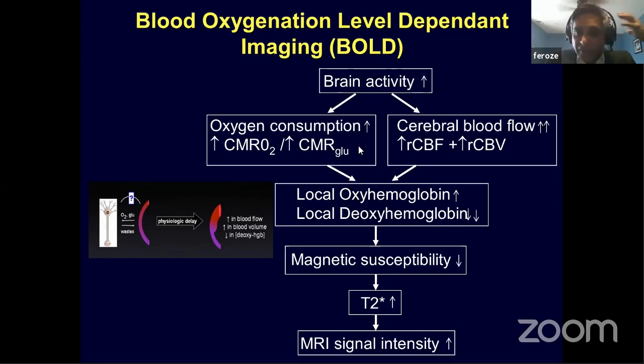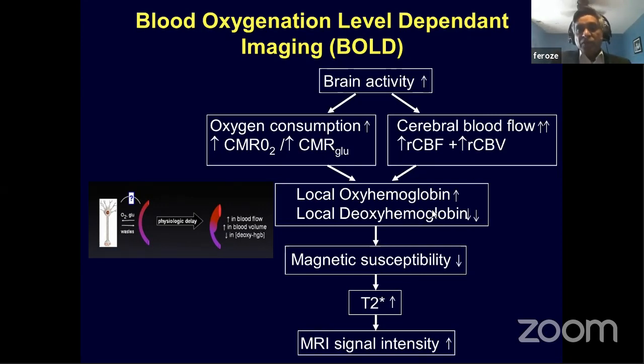You need energy for the left motor cortex to do the task. The jury is still out on the relationship between CMRO2 and brain activity. However, CMR glucose has been pretty well established to show increased consumption when there is increased brain activity.